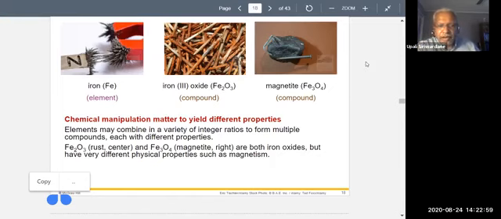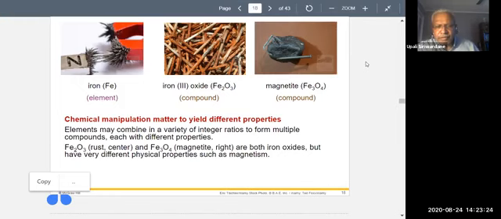So the whole idea here, as we talked about in the introduction, is that when two elements combine in a variety of ratios, they form two different compounds. Fe2O3 has a different composition than Fe3O4. Therefore, it imparts completely different properties.